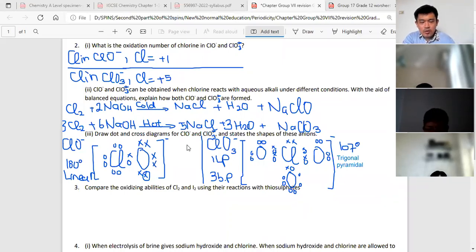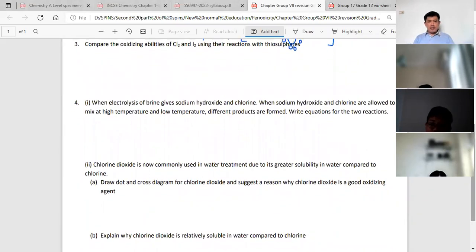Okay, now let's continue with number 3. Wait, let me upload the previous one. Periodicity. Number 3: compare the oxidizing ability of chlorine and iodine using their reactions with thiosulfates.